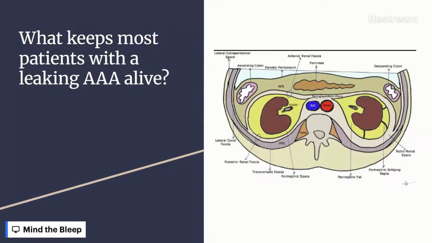So what keeps most patients with a leaking AAA alive? So we saw in the scan, this guy had a leaking AAA. Why do we think that most of these patients stay alive? For those of you watching the recording, maybe pause it and have a little think. But for those on the live, the answer is because most of the AAA leaks that do occur, around 80%, exist in the retroperitoneum.